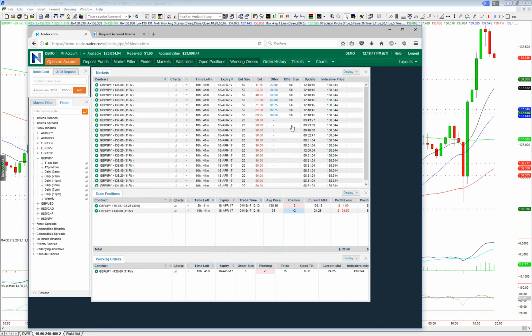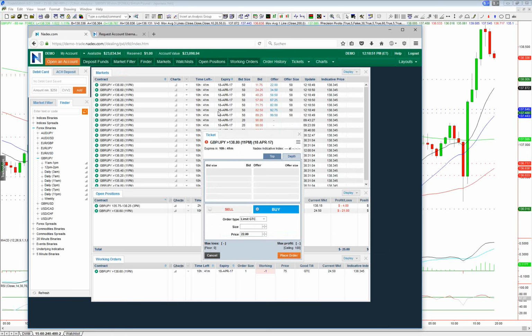If I was going here for another setup, for another contract, now I've picked one which is even further out of the money. What's the probability that the market is giving this contract to be worth something once the lifetime of that contract expires? Well, mid price between 12 and 22, so around about 17%. My reward to risk ratio is outstanding. This is 3.5 to 1, very close to 4 to 1.